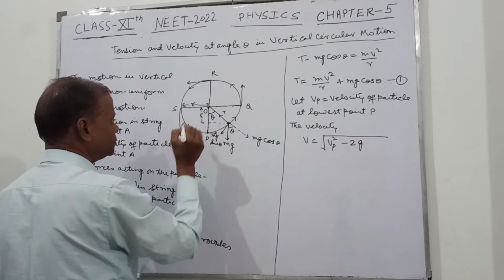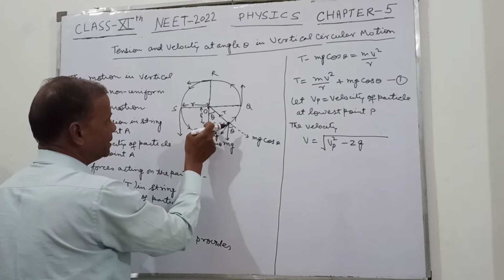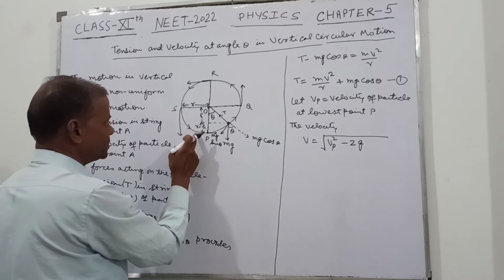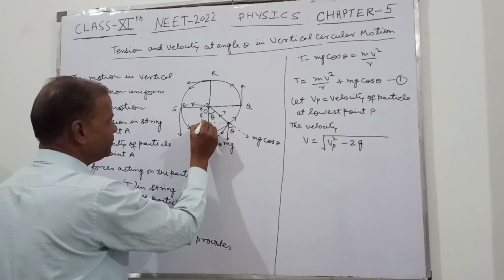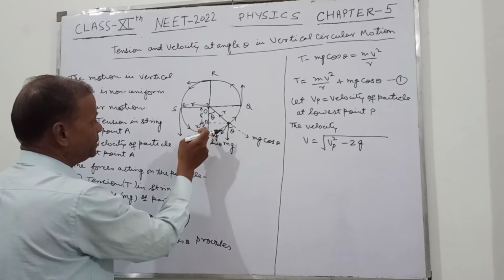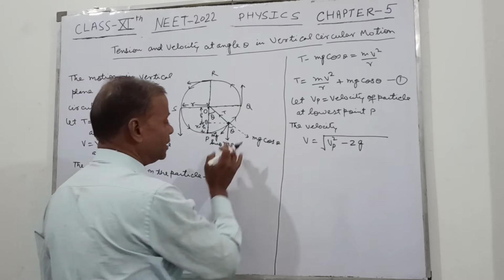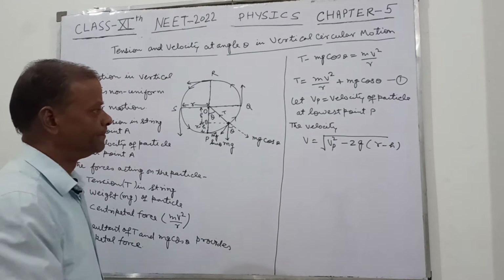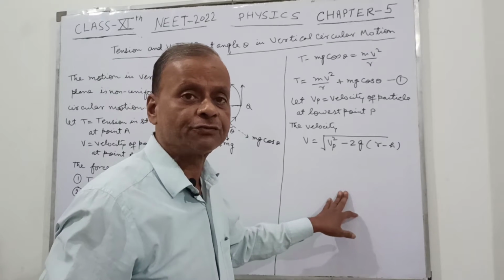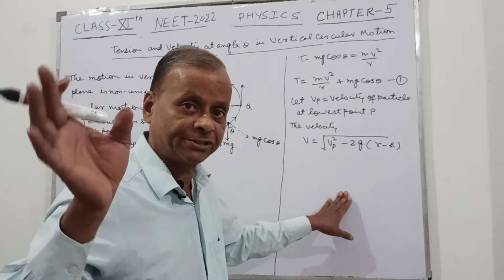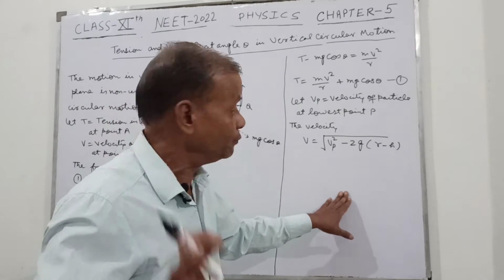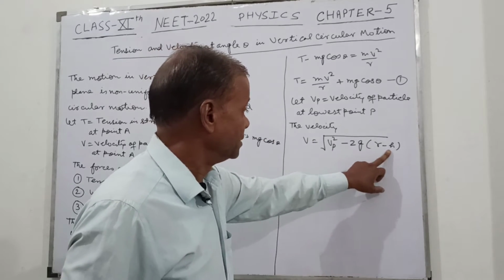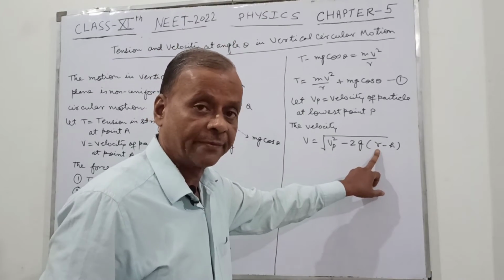So the remaining will be r minus h. Suppose this point is B. Then this BP is equal to r minus h. So now the height is r minus h. We are using the equation v square equal to u square plus 2gh. In place of u, we have Vp, the velocity at this point P, and this is the vertical height, that is r minus h.